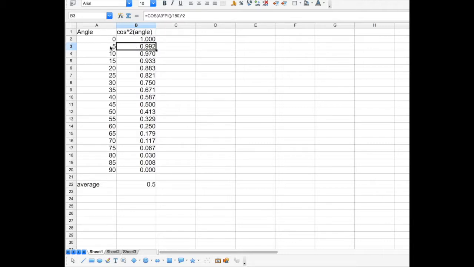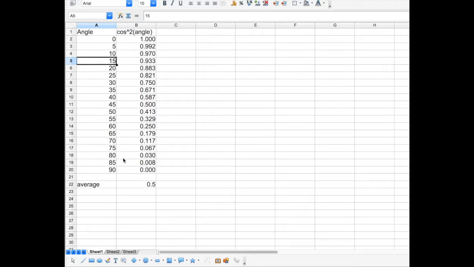Because what I can do is decompose the light that's at 5 degrees relative to the transmission axis into a component that's parallel to the transmission axis and a component that is perpendicular to it. The parallel component gets through. The perpendicular component, which turns out to be just 0.8%, gets blocked.